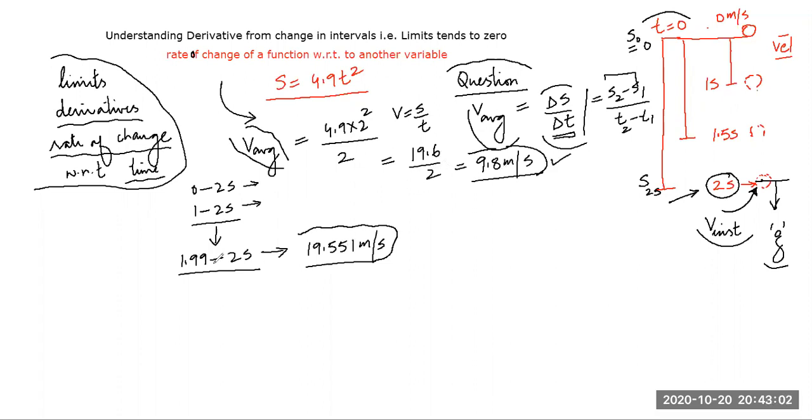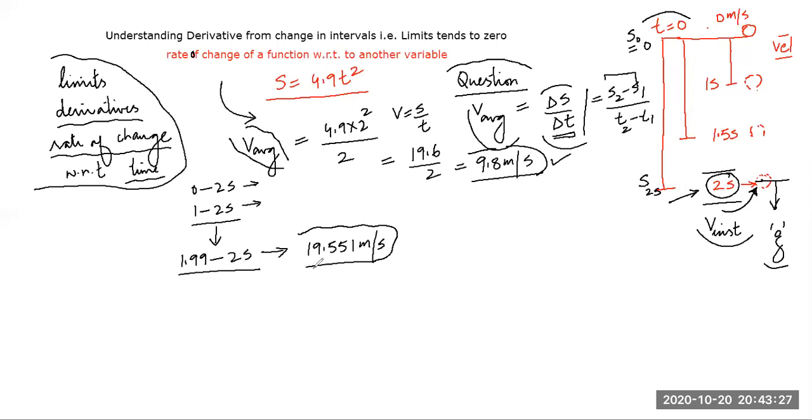When the interval was small, the average velocity increased. If the instantaneous velocity had been this, it wouldn't have got affected by changing the intervals, but the average velocity is getting affected when I'm changing the interval. So that means there's something more in the picture which I'm not able to read: how I can find the velocity at 2 seconds.